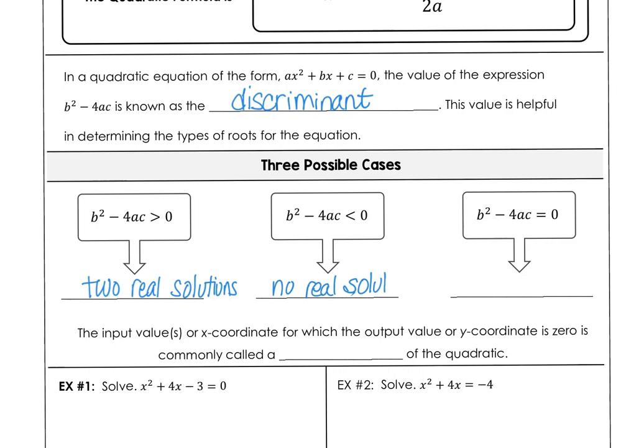And when the discriminant is 0, you get one real solution. The input value, the x coordinate, for each output value, or y coordinate, of 0 is what we said last lesson is commonly called a root of the quadratic.